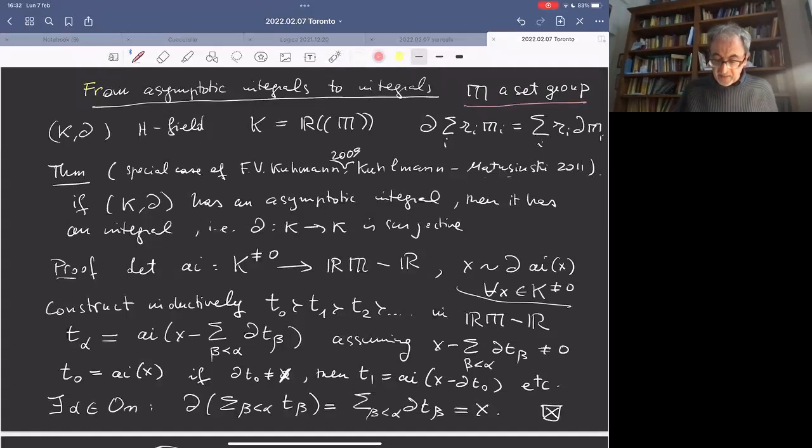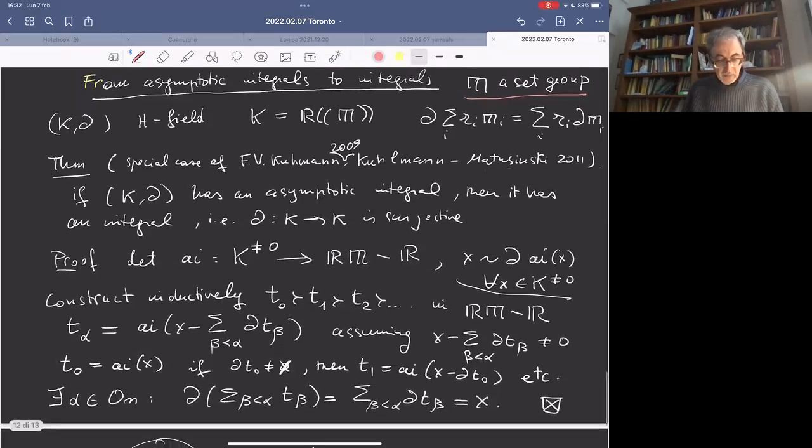You must necessarily stop at some point, and when you stop, you have really reached an integral, right?